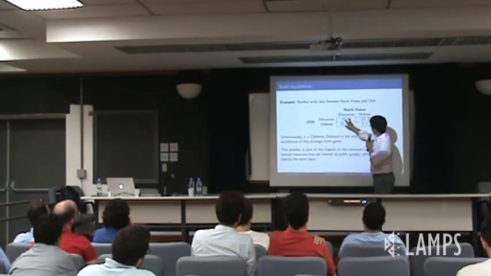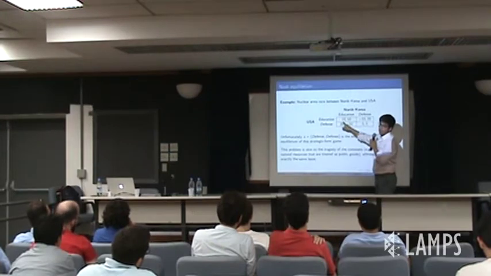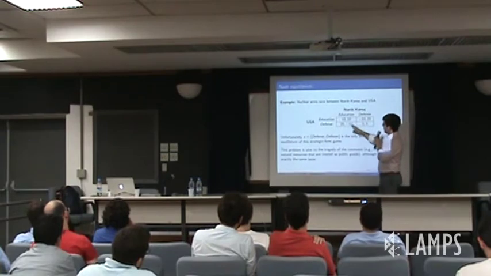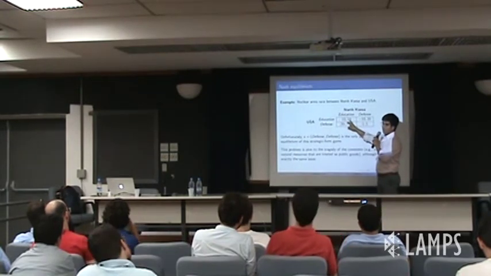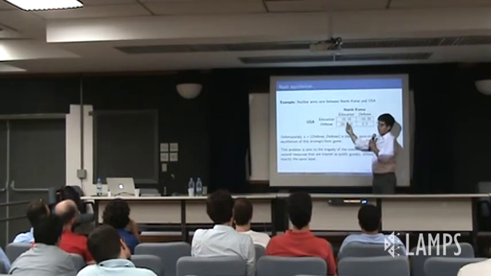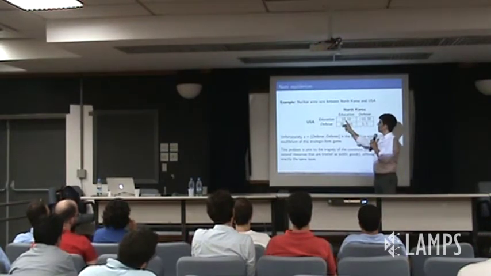To move from here to here, they both gain 10. If this point was, say, 1 and -5, then this would be Pareto optimal. But because you can make them both better, this is not Pareto optimal. That one is Pareto optimal.